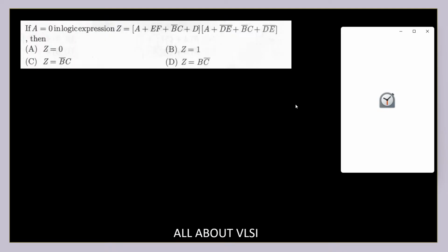Suppose A is equal to 0 in the logic expression Z is equal to A plus EF plus B complement C plus D into the expression. What is the solution which we are going to get? Take your time, solve this and let us discuss the solution. Your time starts now.